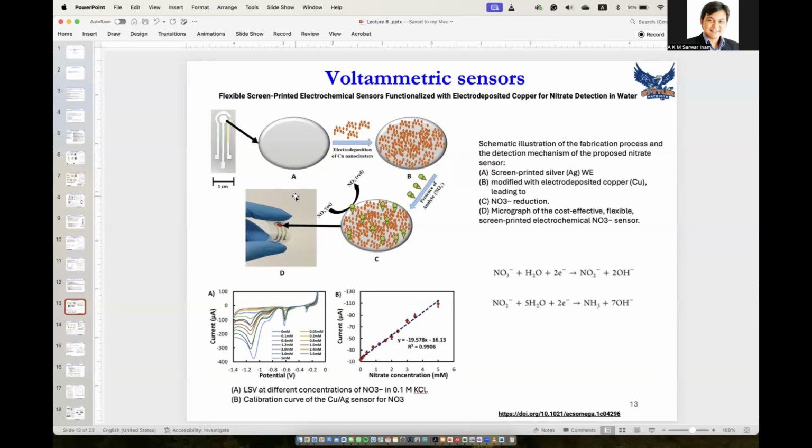So in this figure, it shows the fabrication process. You can see the detection and also the detection mechanism of the proposed nitrate sensor.